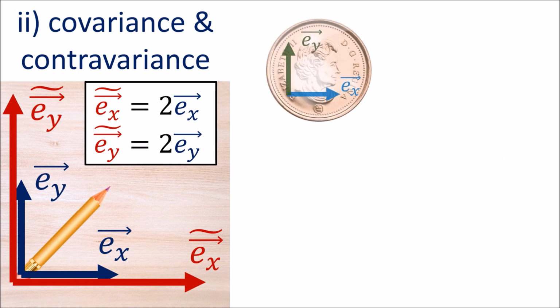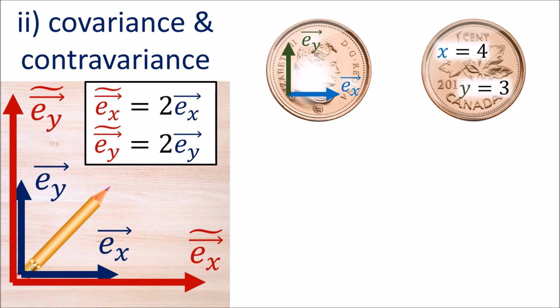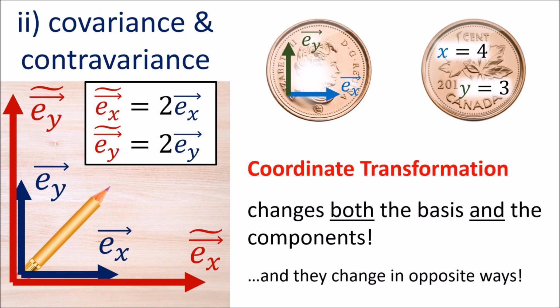Remember that basis vectors and vector components are two sides of the same coin. We can never deal with one without also dealing with the other. A coordinate transformation will change both the basis vectors and the vector components, and they will change in opposite ways in order to maintain balance.